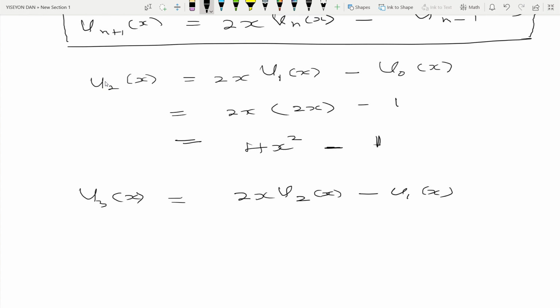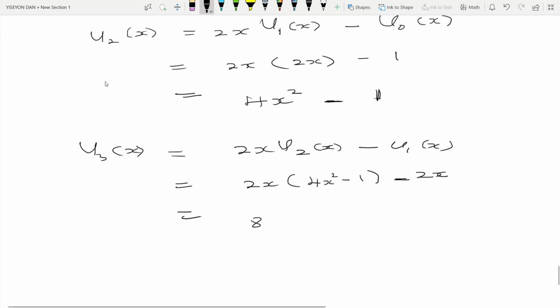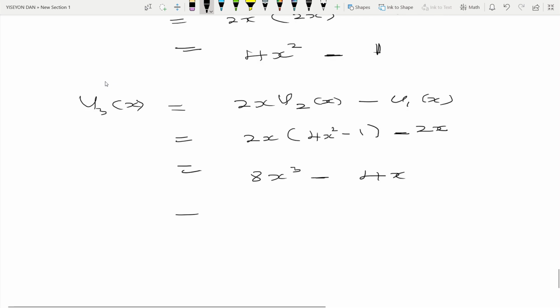So this is equal to 2x times U2, which is already 4x squared minus 1, minus U1. U1 is what? 2x. So this is equal to 8x raised to power 3 minus 4x minus 2x. So we can rewrite and factorize out 4x.